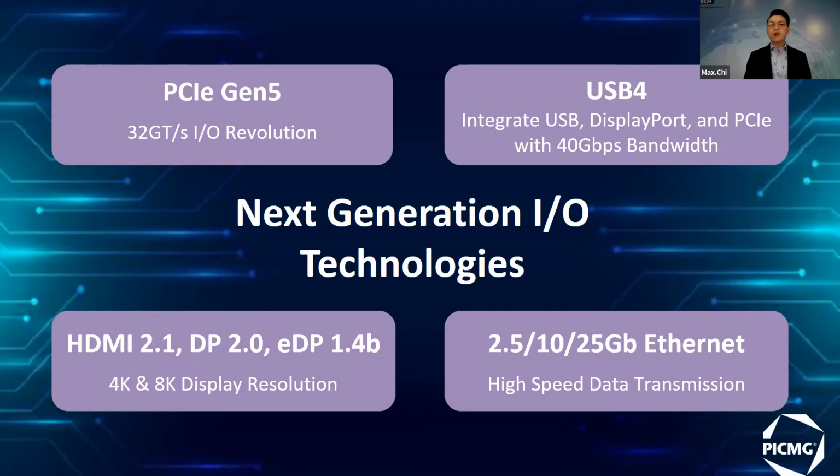And as the bandwidth goes high, how to deal with high-speed signals becomes an important, critical task for hardware designers, because more signal pins will be used and signal quality needs to be well taken care of. But please don't worry. This is why PICMG created COM-HPC, to solve this.